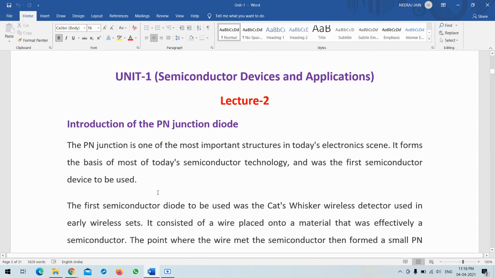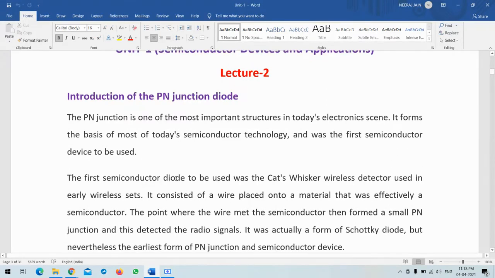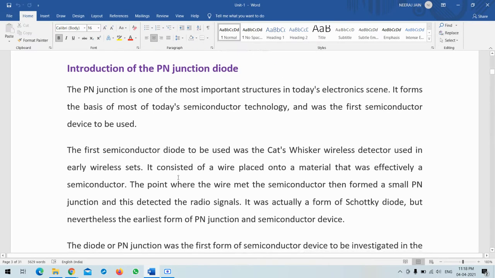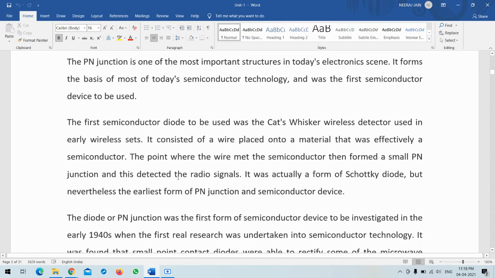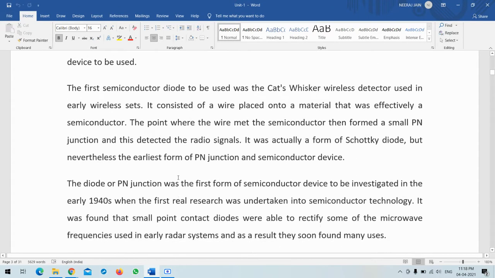So today we are going to discuss the PN junction diode. As you know, the PN junction is the most important structure in today's electronics. P and N are semiconductors, and we can make several devices with the PN junction.